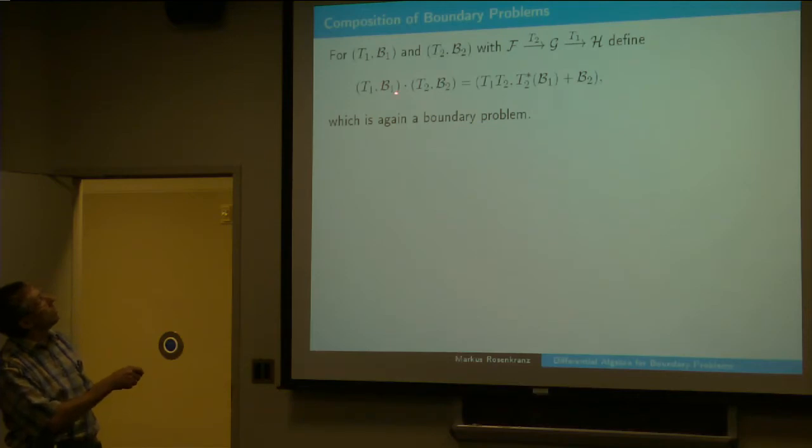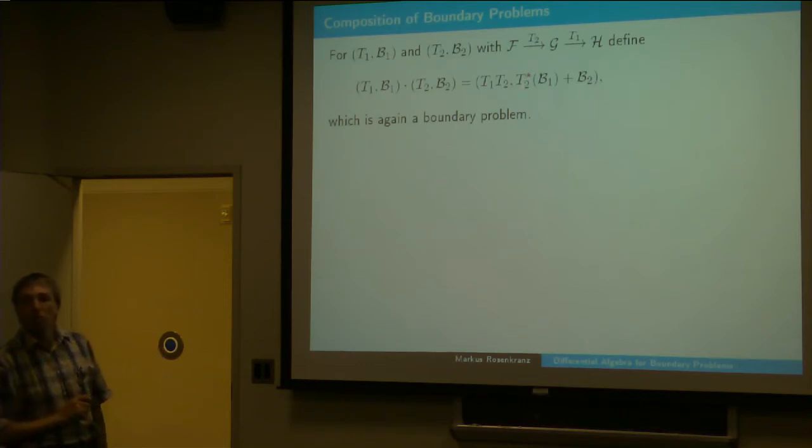So what it does is, it takes the differential operators of the two problems, and what you would expect is just the product, the composition of them. But for the boundary conditions, it's a bit more involved. It takes the boundary conditions of the right factor as they are, but translates the boundary conditions of the left factor via the differential operator of the right.